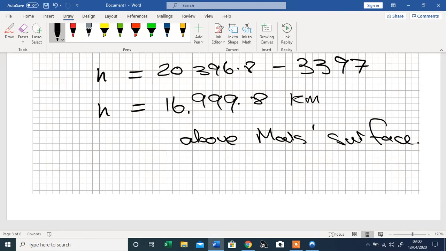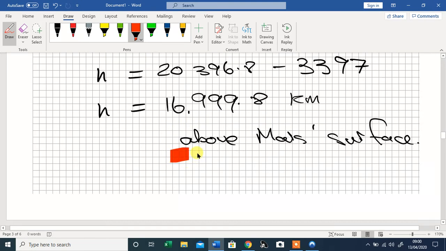Okay, and I'm going to double check a figure. I want to make sure that I did get the radius of Mars correct, and that is correct, because the diameter of Mars is 6,794 kilometres. So the radius is half of that. So there we have it. Two values. I can't draw straight lines very well, can I at all?